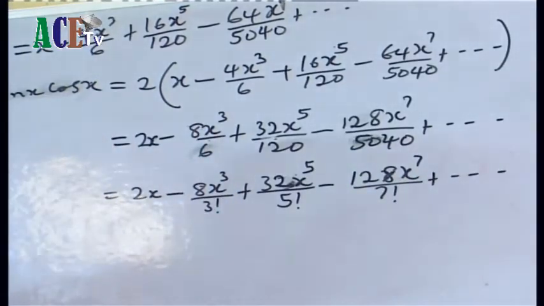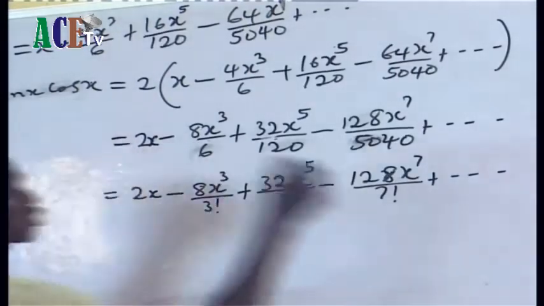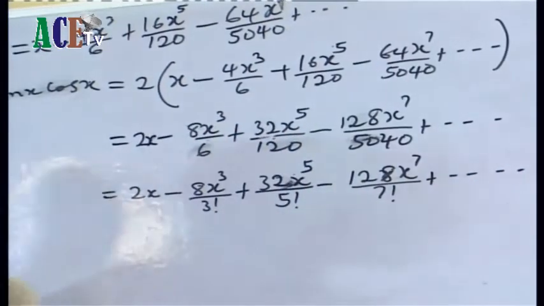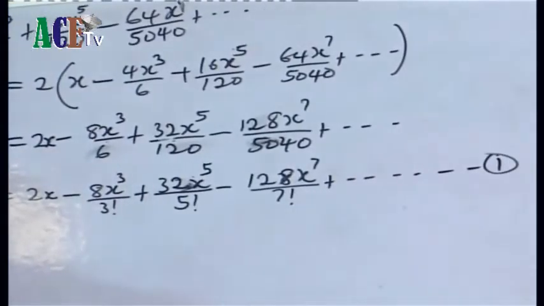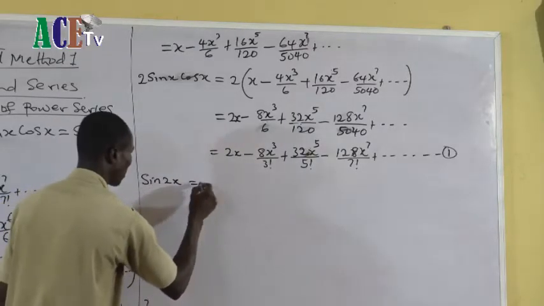Confirm 7 factorial is 5040, and that one will give us 2 sine x cos x. Let me label it equation 1. But look at sine 2x.